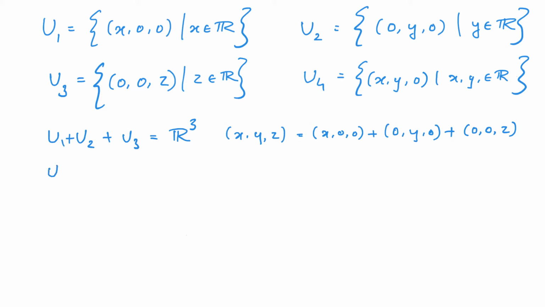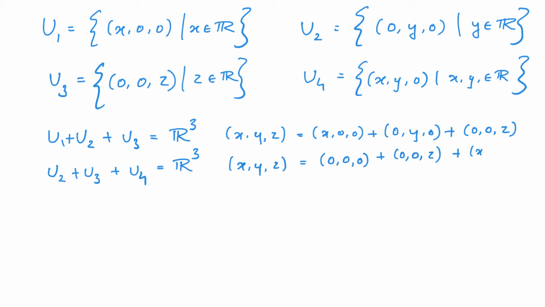Similarly, notice that U2 plus U3 plus U4 is also equal to R3. This is once again because any element (x, y, z) in R3 can be written as (0, 0, 0) plus (0, 0, z) plus (x, y, 0).